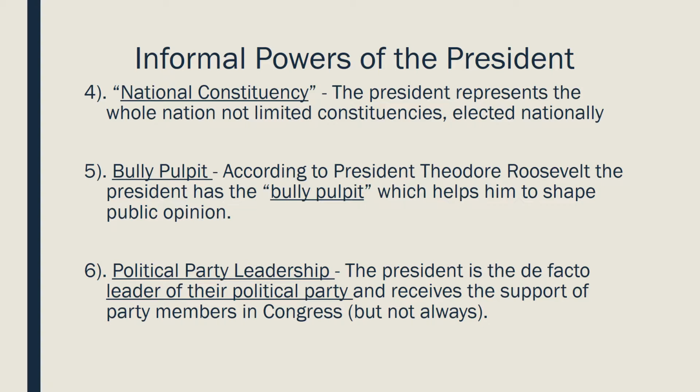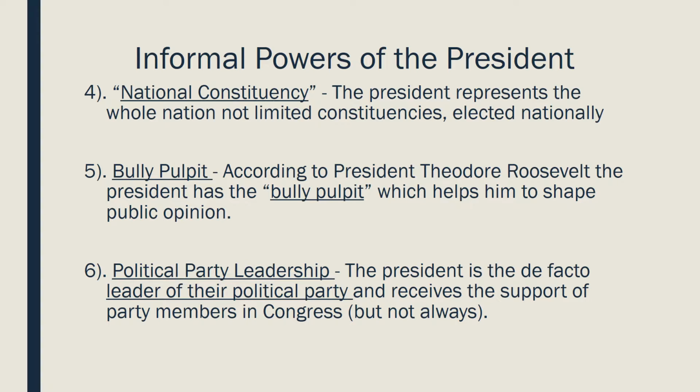And so when the president wants to put forward a policy to the nation or claims that they represent the entire nation, it is based on the idea that a majority of the entire nation said that they wanted them to be their representative, rather than a limited majority representing an individual constituency or an individual state.